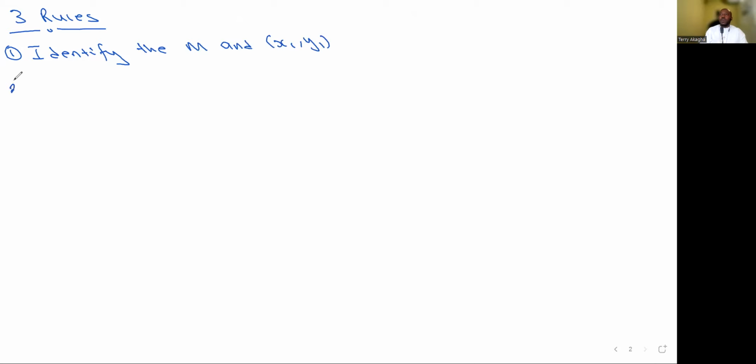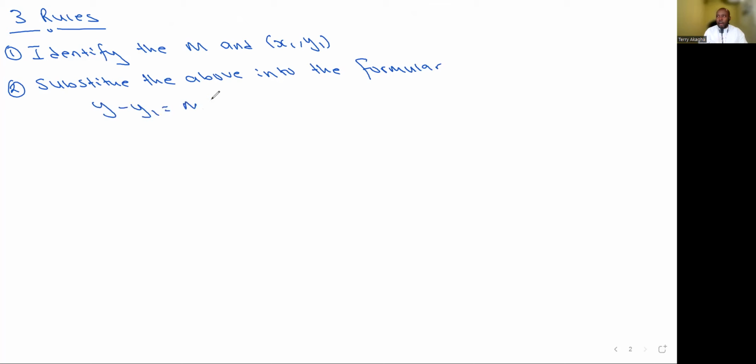When you're done with that, the next thing is to substitute the above, that means the m, the x1 and y1, into the formula. The formula is y minus y1 is equal to m times x minus x1. Number three, you expand the brackets.